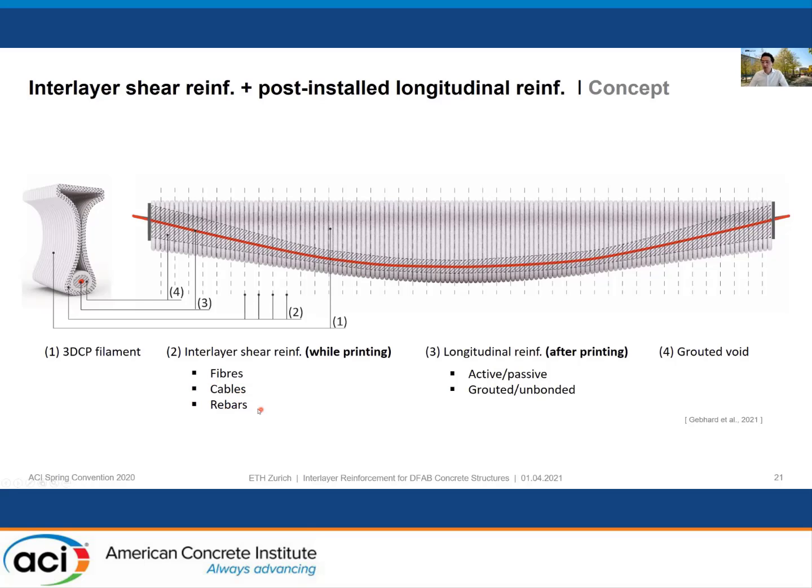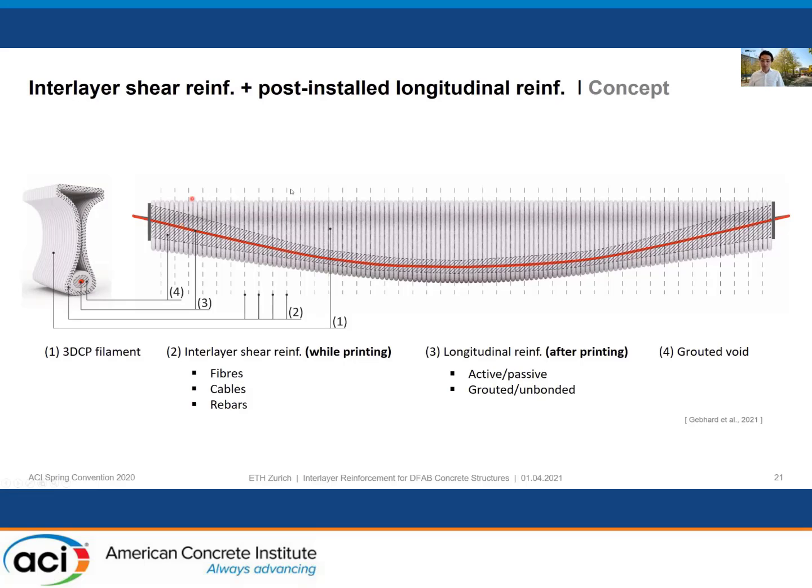This has also been done, I think, by manually placing small diameter rebars in the interlayer. So then you print the element with the shear reinforcement, and you leave a void where you post-install this. It could be a tendon, or it could be a pre-bent bar. I think this can be pre-stressed reinforcement, or we can grout it or not.